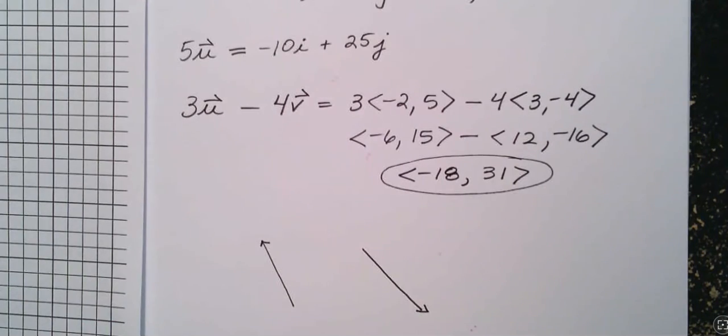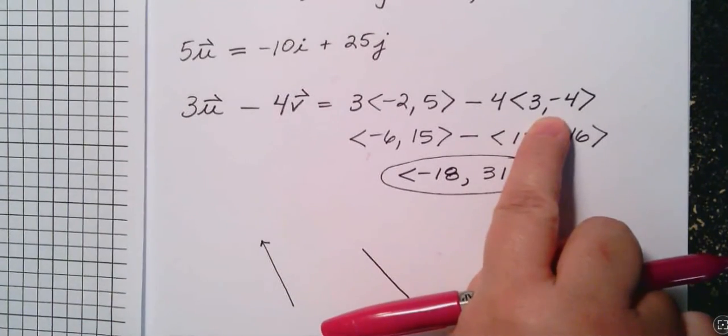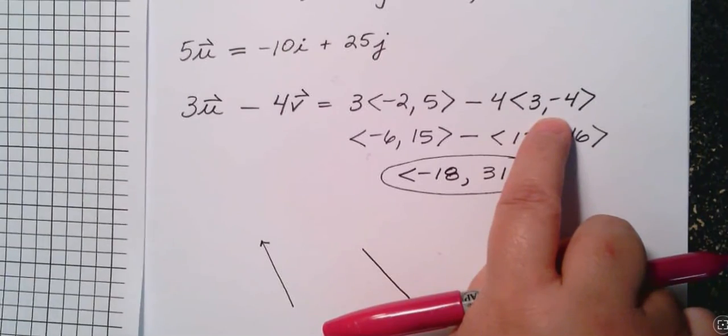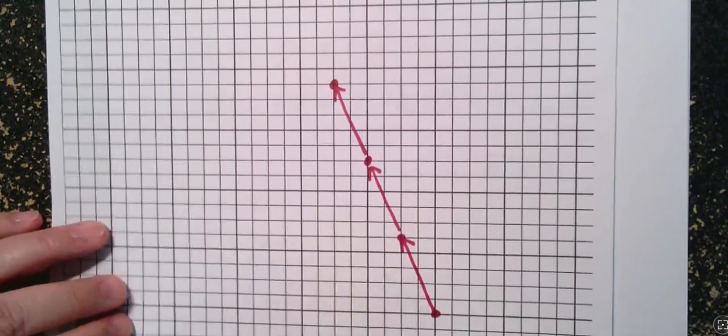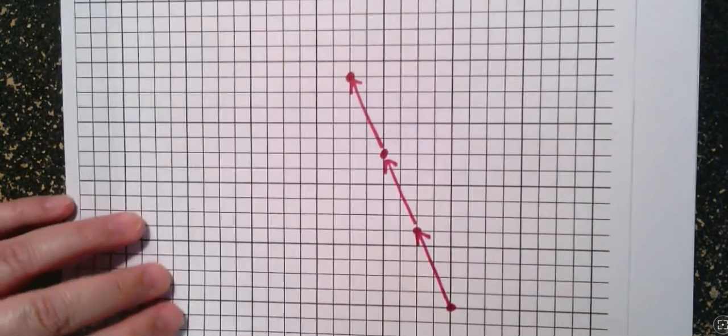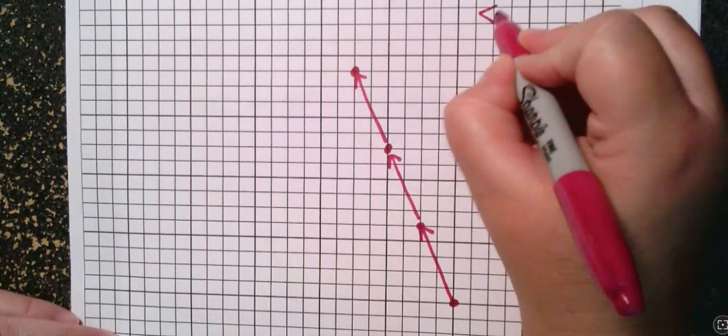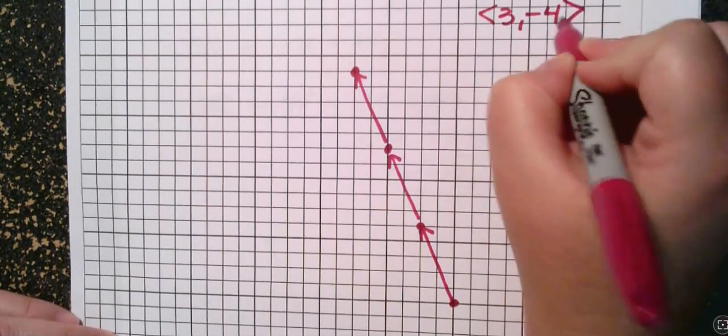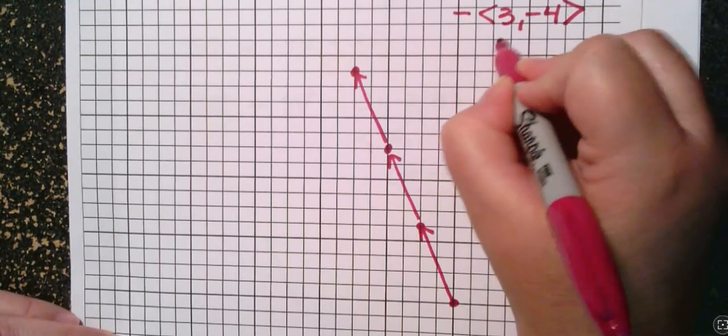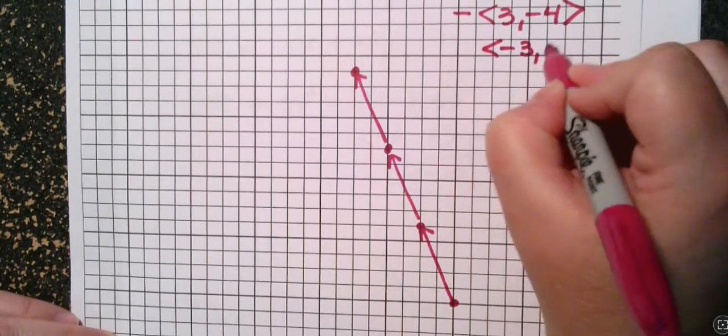So what was v? V was 3, -4. But I want to do the opposite of that 4 times. So I'm going to take away 3, -4. The opposite of 3, -4 would be -3, +4.